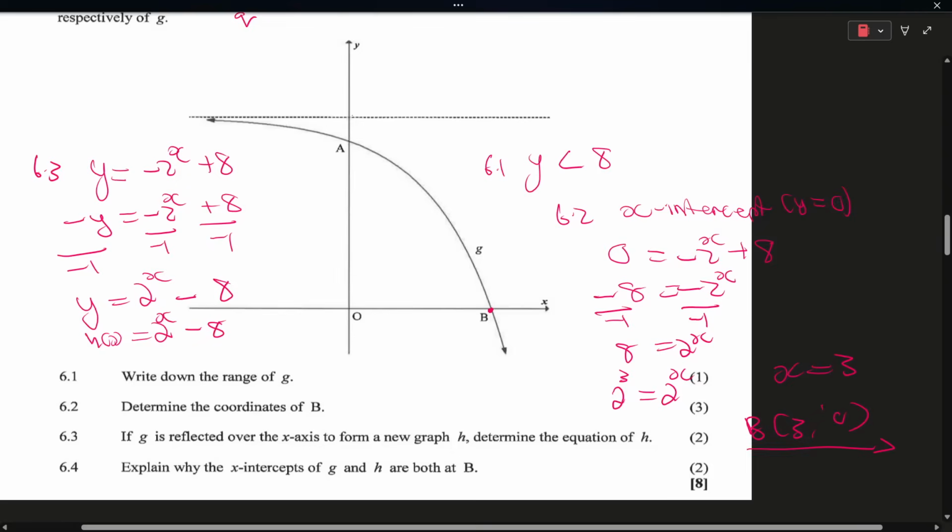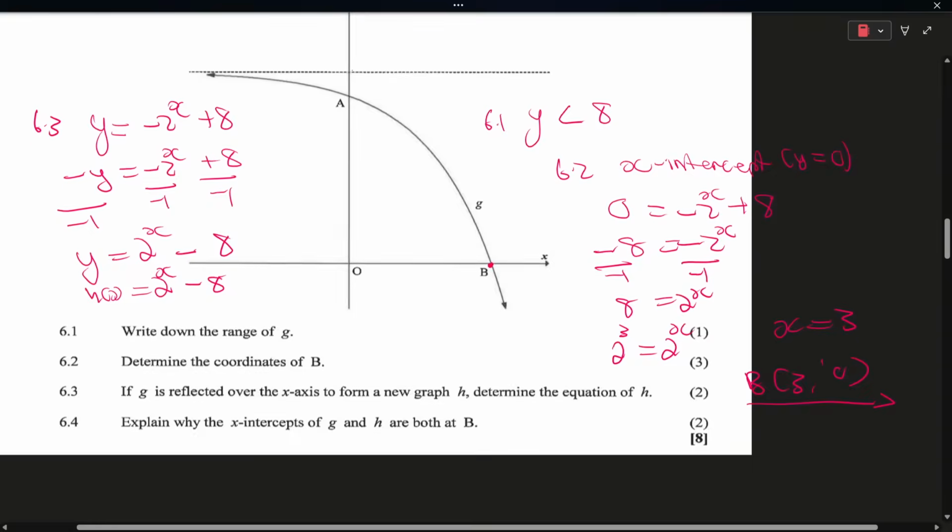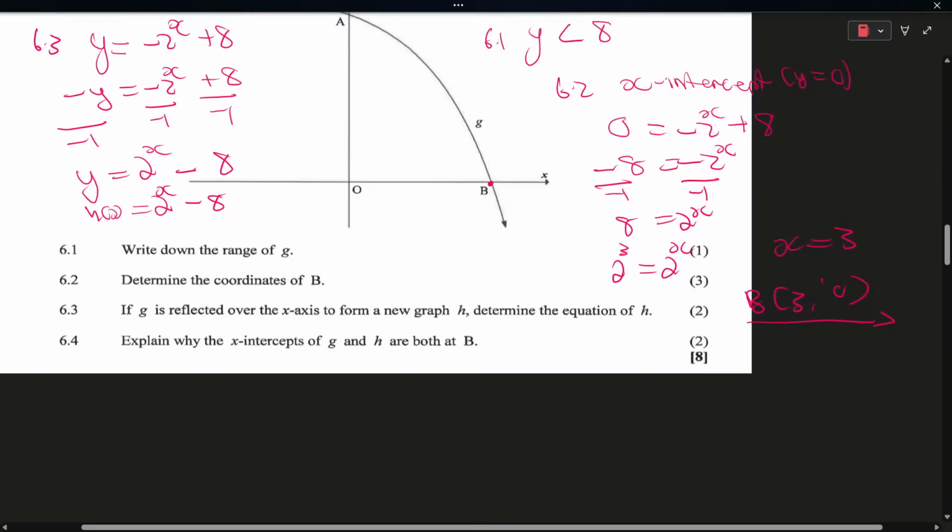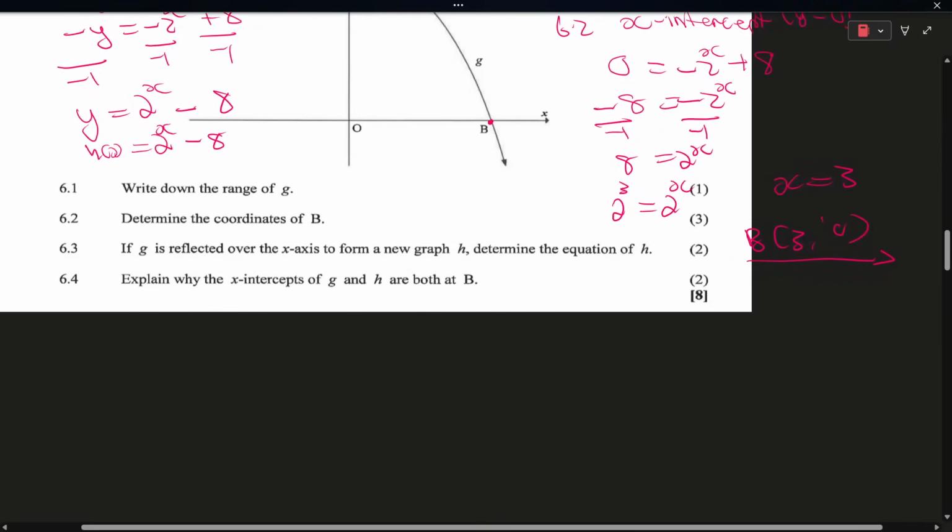Okay? And now, the question that we're having says explain why the x-intercepts of G and H are both at b.